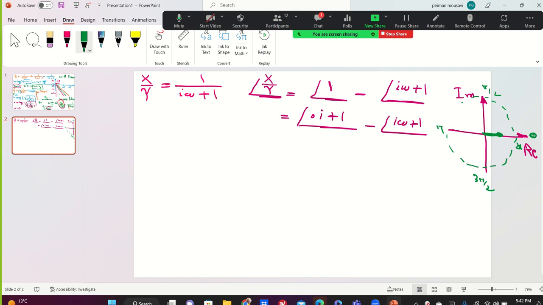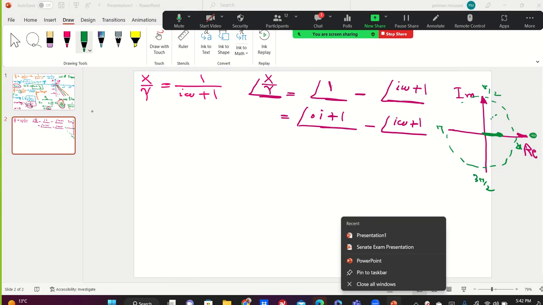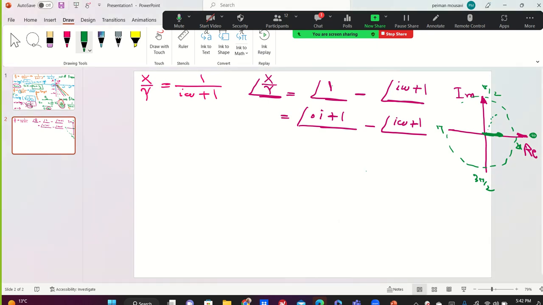Why is it 0? Because I taught you in the previous class, if you have a complex number like this, the tangent of phi equals, from trigonometry, the imaginary part over the real part. That's right. Yes? What's the imaginary part of this? 0. Which angle gives you the angle 0? So it is 0.